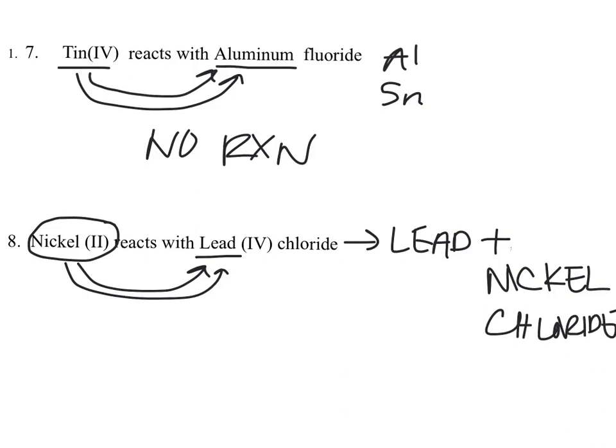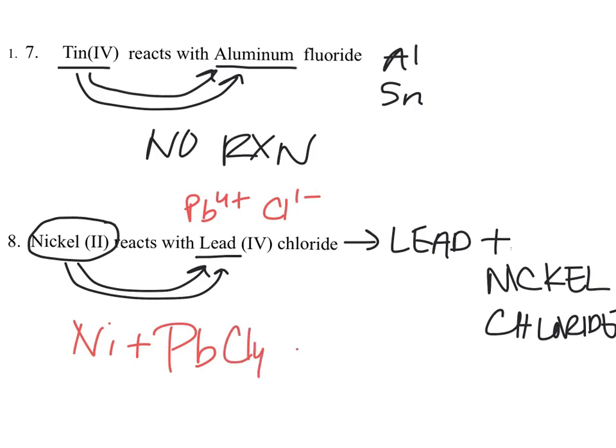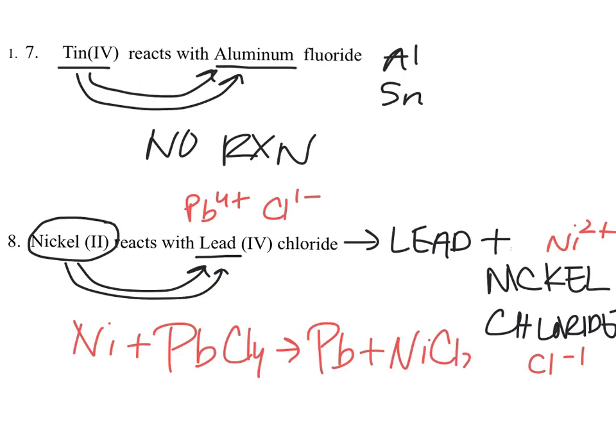All right, so that means if we can write this out, nickel will be by itself, lead 4 chloride, so that's lead 4 plus, that's what the Roman numeral 4 means. Chlorine is -1, so that means you would need 4 chlorines to balance out the lead 4. Lead is now by itself, and nickel chloride, well, nickel has a +2 charge, and chlorine has a -1, so therefore you would get nickel and 2 chlorines.